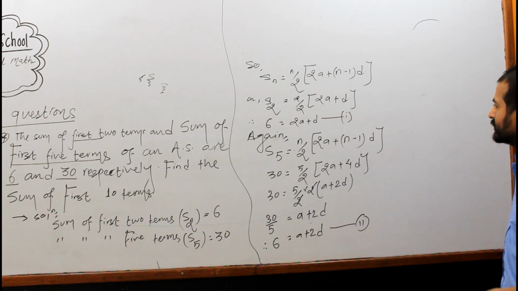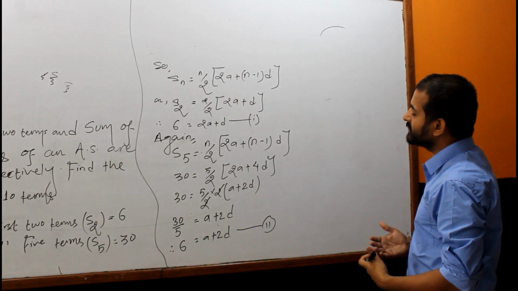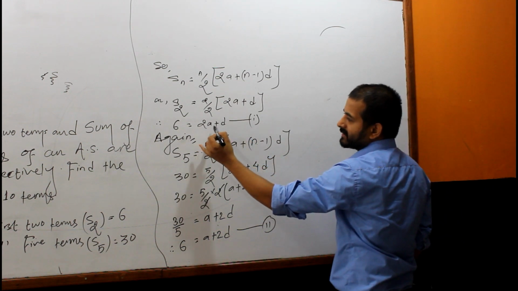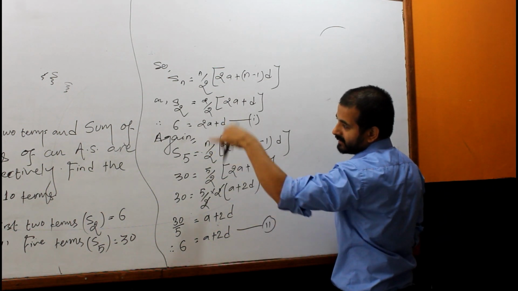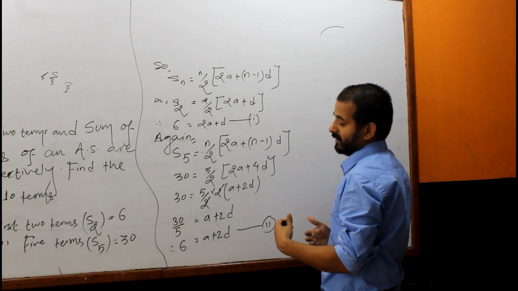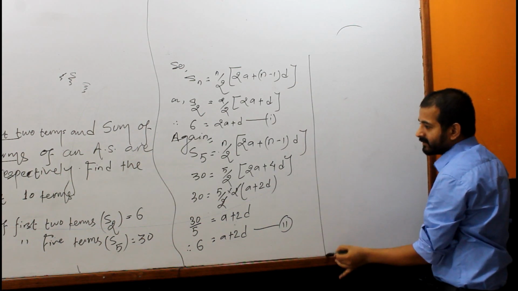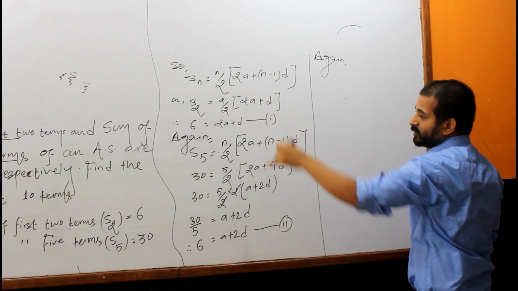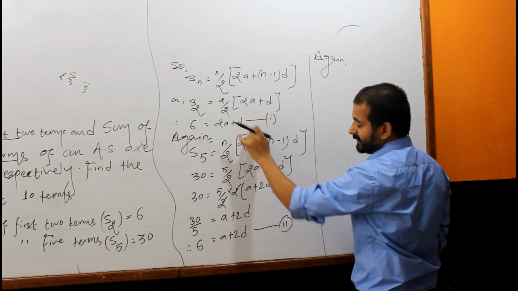Now let's solve the simultaneous equations of first and second to get the values of a and d. Since there is a plus sign or minus sign, we have to add or subtract to get the value of a and d. Again, for the solution, let's make the coefficients equal. Here we have a, d and 2d.